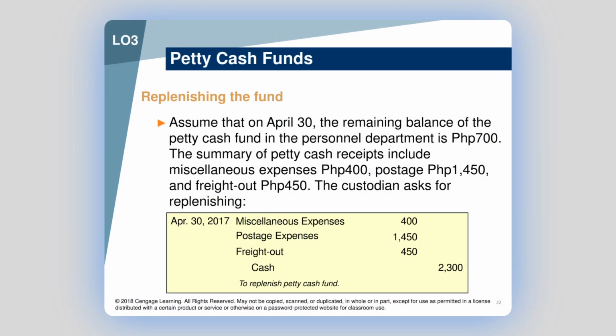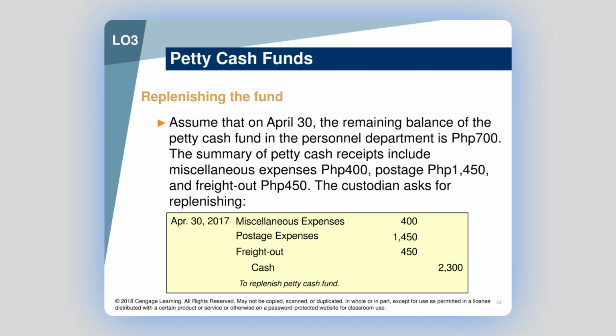Assuming that on April 30, the remaining balance of the petty cash fund of the personnel department is 700. The summary of the petty cash receipts includes miscellaneous expense 400, postage expense 450, and freight out 450. The custodian asks for replenishment.